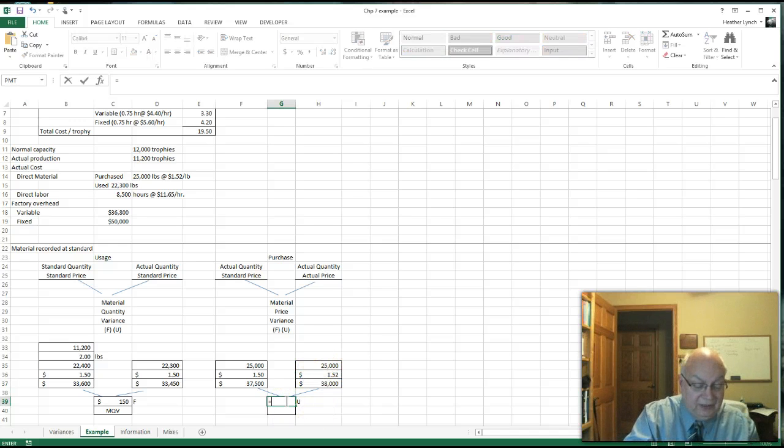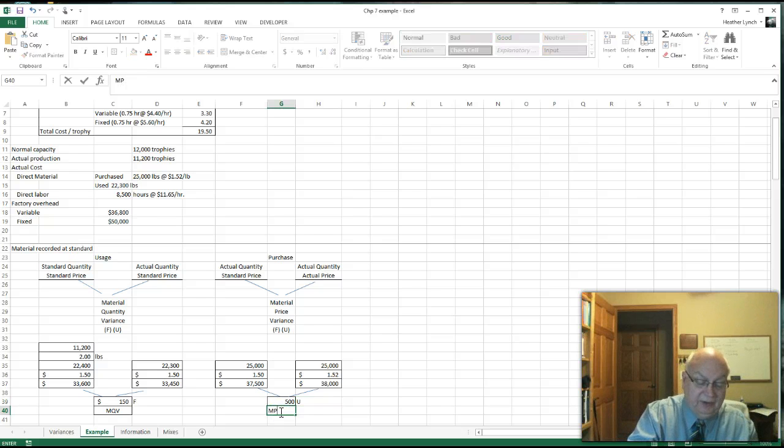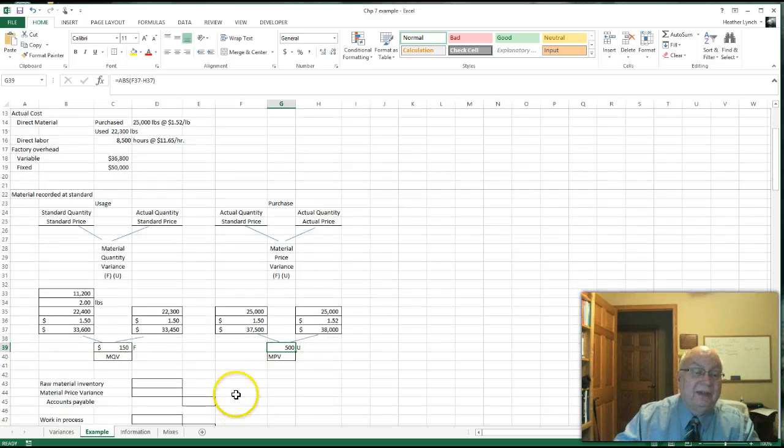And again, the difference is the ABS. The 37,500 minus the 38,000 gives you $500, and that's unfavorable. And that is the material price variance. You notice it didn't come up negative because I used the ABS function. We don't want positive and negatives.